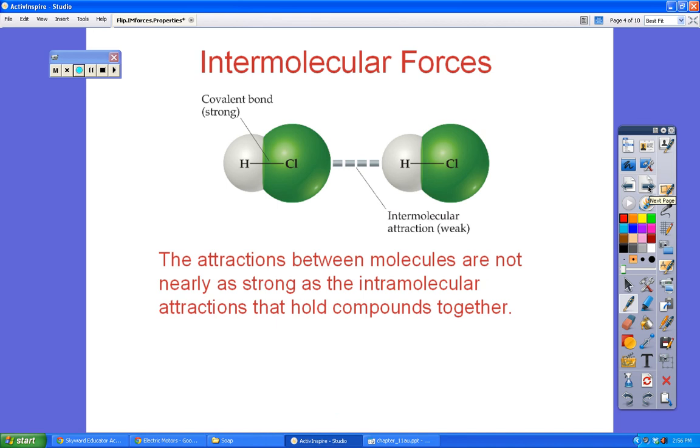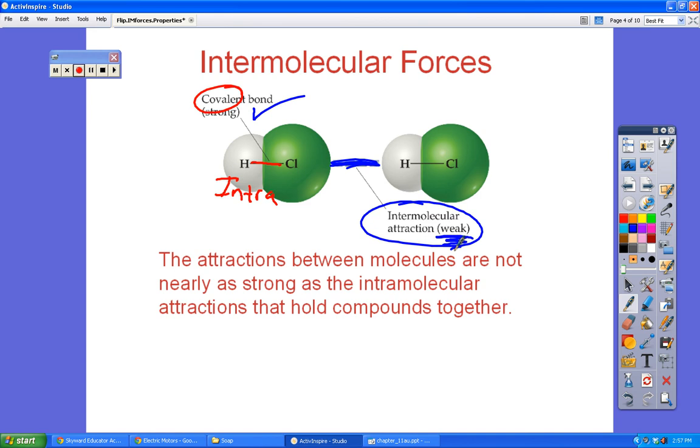Looking at these intermolecular forces, they're pretty weak forces. I covered that in the last talk. But here we have an intramolecular force, a covalent bond. Between the two molecules, we have the intermolecular attraction. This bond here is much stronger than the weak intermolecular attraction.